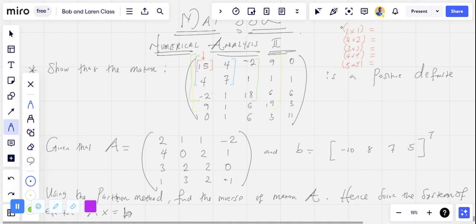If you find the determinant of all these matrices here, and the determinant of every matrix here is positive, then automatically it is positive definite. If you notice that one of them is negative, then automatically it is not positive definite.